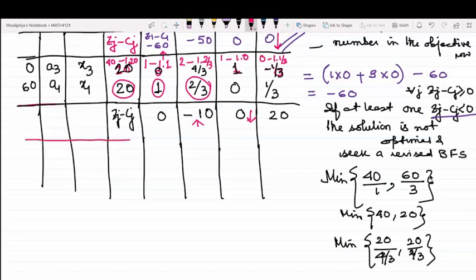So if I write down the revised xb, what are the revised basic vectors right now? What do we write instead of x3?